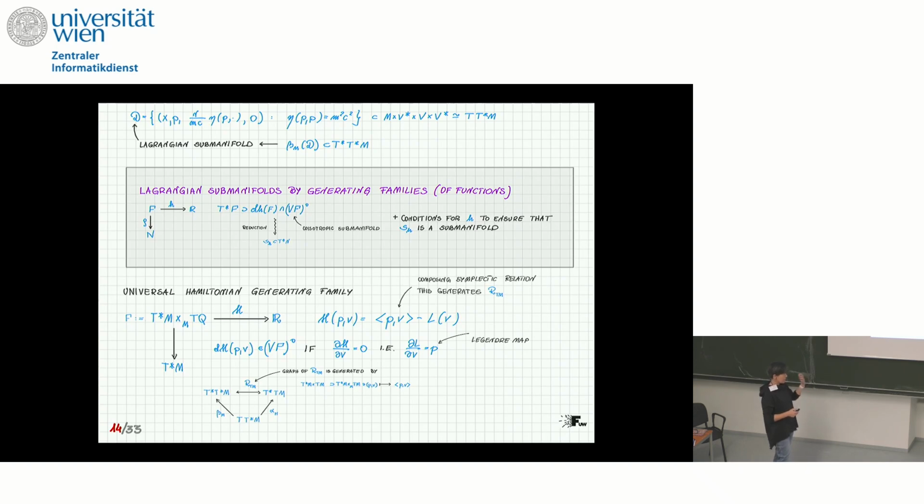If we treat them as symplectic relations, this is the generating object. So we have one symplectic relation generated by the Lagrangian. It is the image of the differential of the Lagrangian. The other symplectic relation is this, and then we compose it, and on the level of generating objects, composing symplectic relations means adding generating objects.